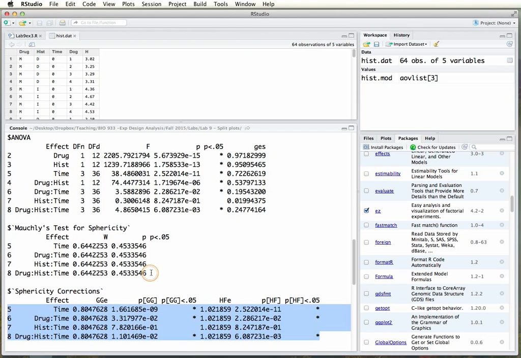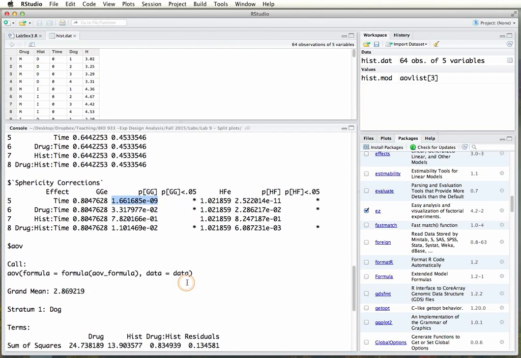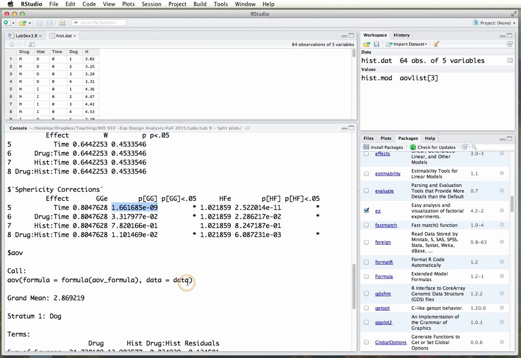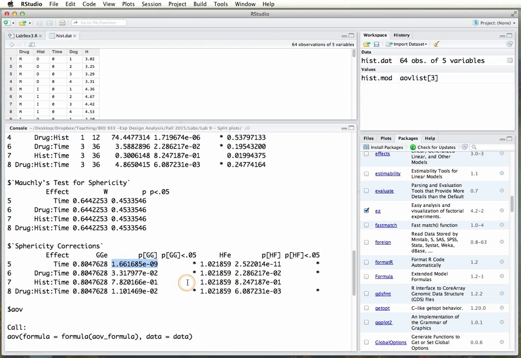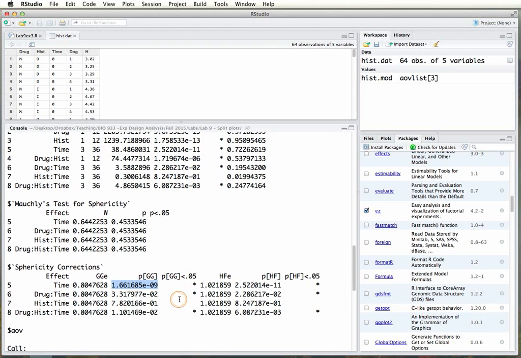And when we do that, what we'll notice is that for time, the p-value rises by about 2 orders of magnitude. And it's still highly significant. That's great, but we have been penalized a little bit due to the pattern of correlation in our data. In any case, that's about it. In this particular case, you would correctly say that there is an effect of time.